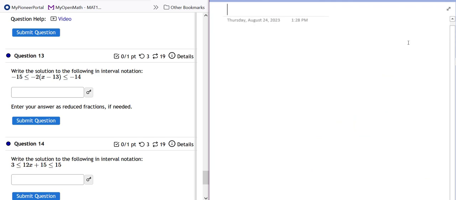All right, 13. This one you just have to simplify inside first. Both of these have less than or equal. So maybe I won't mess that up.